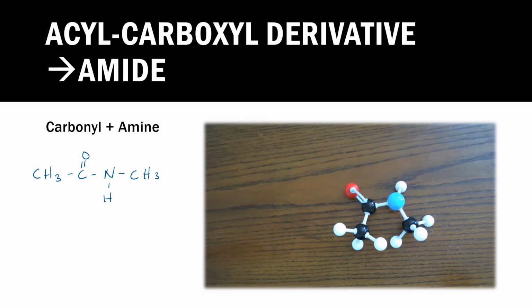So again, that carbon double bonded oxygen, there is our carbonyl, and our amine is this nitrogen group here. Again, I've got my two R groups on either side. This is going to be an interior functional group. So I've got my double bonded oxygen, my carbonyl here, and my amine here. And again, I've got my two R groups.